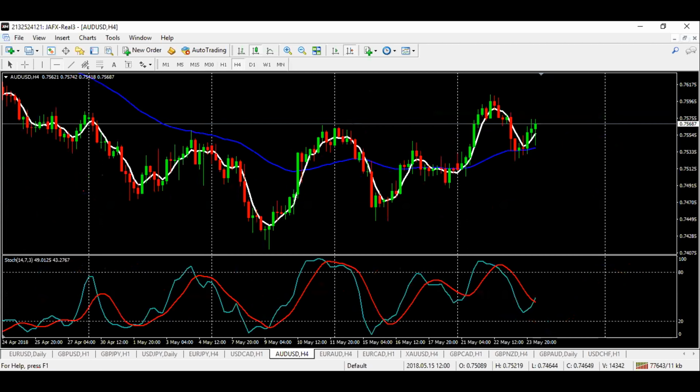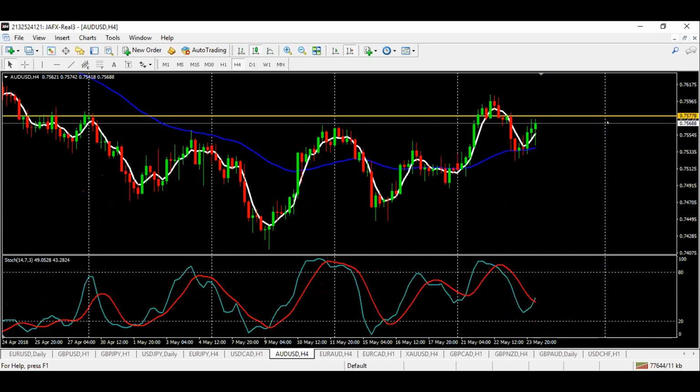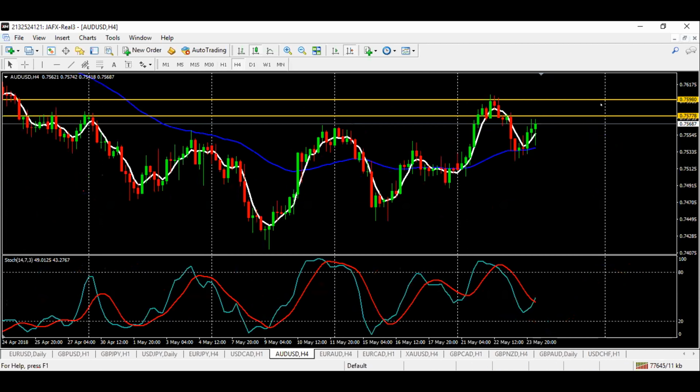Okay, so on the 4 hour, you might have something either here or here. What's the zone? Okay, so you got two zones on AU on the 4 hour, and they're only 20 pips apart. So remember your 30 pip stop loss.